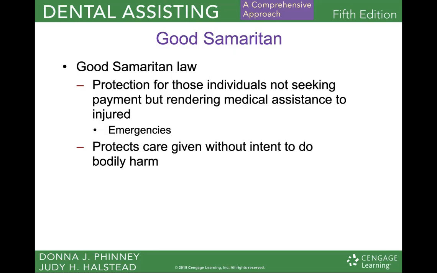That law was enacted to protect somebody providing emergency service who is not seeking fees or any monetary value.